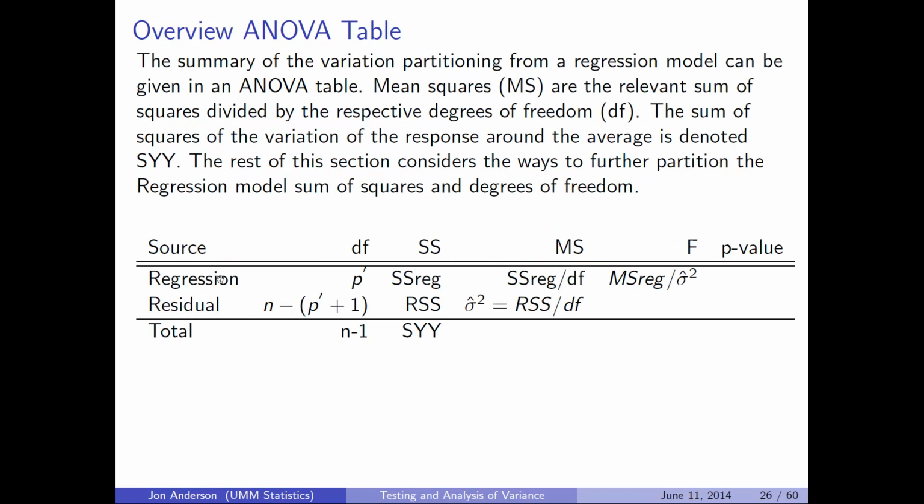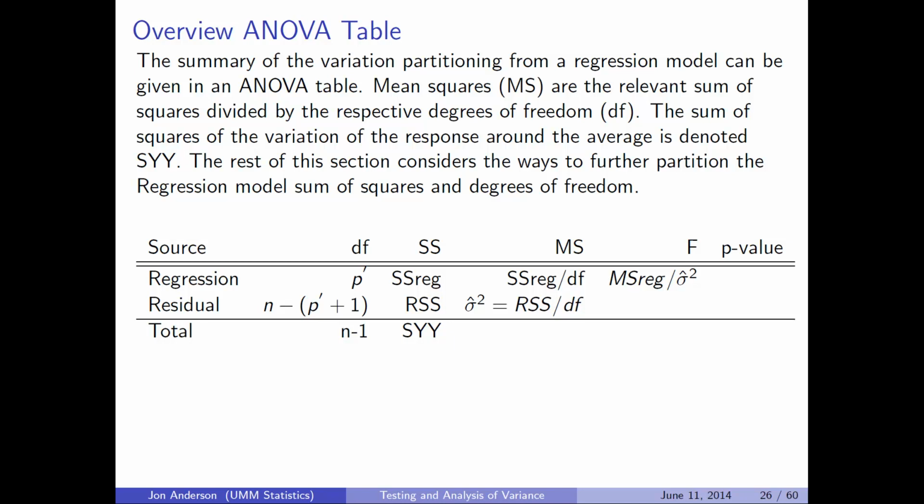There's usually 3 summary lines: a row for regression, a row for residual, which is the unexplained variation row, and then total variation. The size of the estimation and residual spaces will be P prime, the number of regressors.